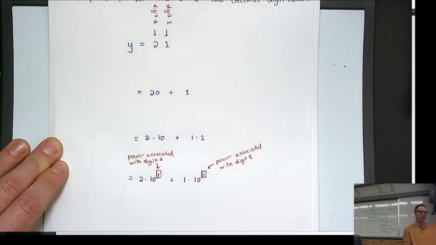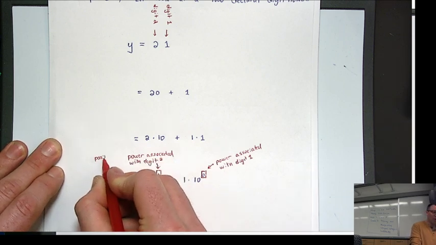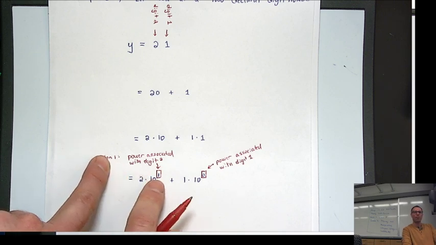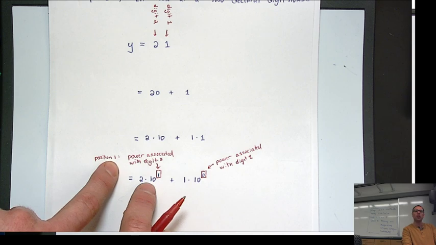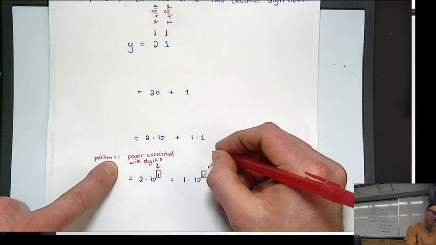All right, so that's digit 2. We're going to actually call this position 1. Could you guess why we call that position 1? Yeah, we're going to make a connection between math and computer science. If we call this position 1 associated with digit 2, could you guess what we call this one? Position 0.